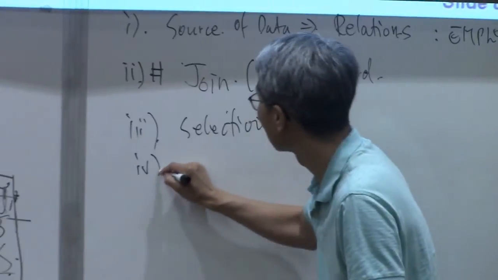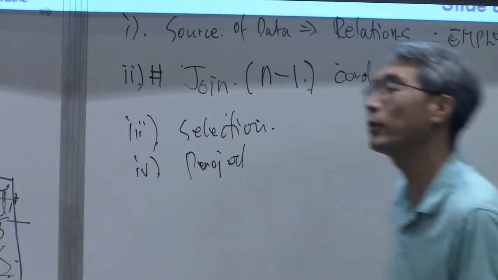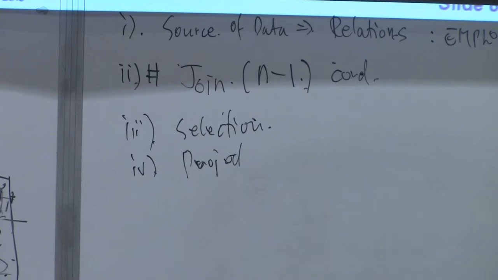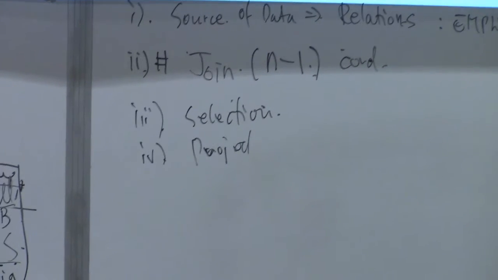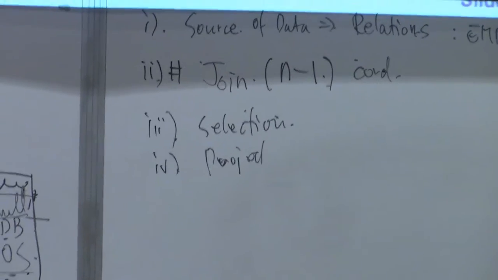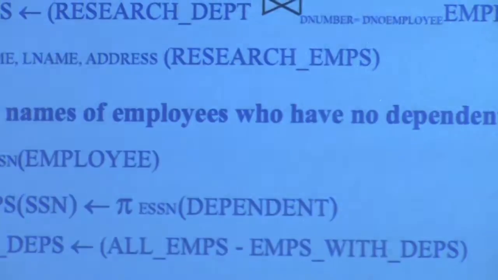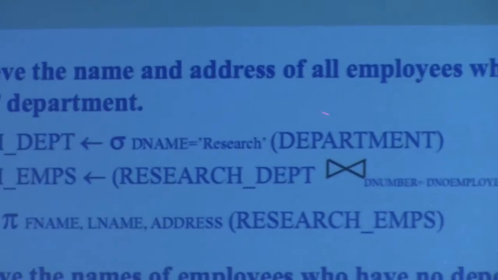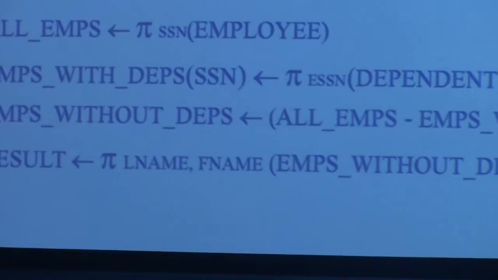Then next, the projection. We don't need all the attributes. Instead, name and address only. Sometimes this name is not the name of an attribute. You need to identify F name, MI, and L name. And address is address, like that. Then that is the most suitable.